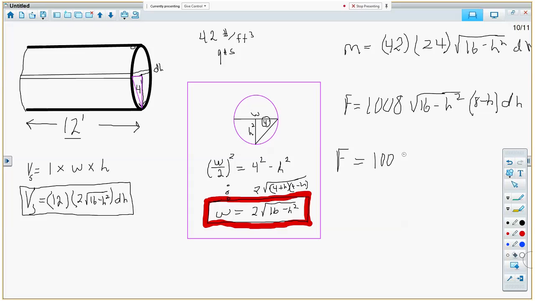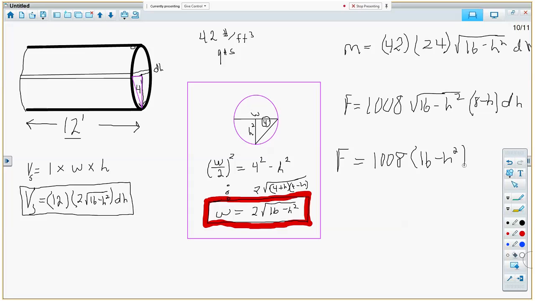What did I tell my calc 1 class about radicals? Quit when you see them. Good job. They don't play well with the integral. Calculus and radicals don't mix. So 16 minus h squared raised to the what?